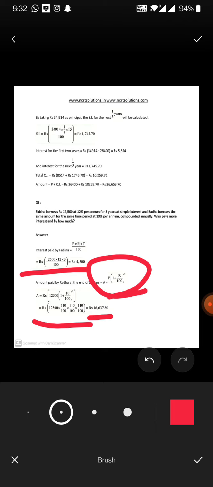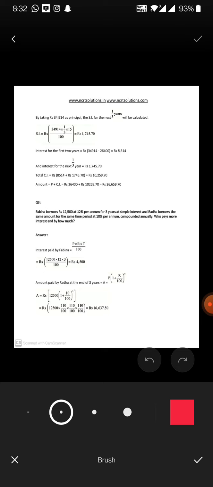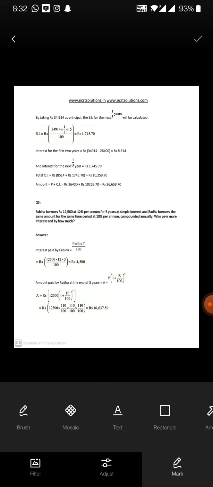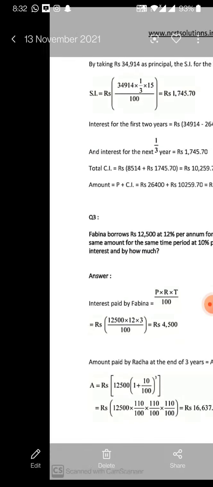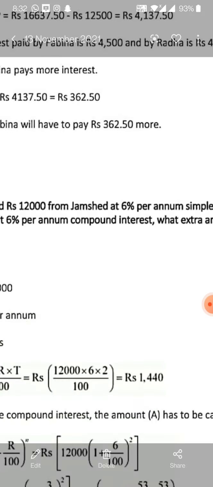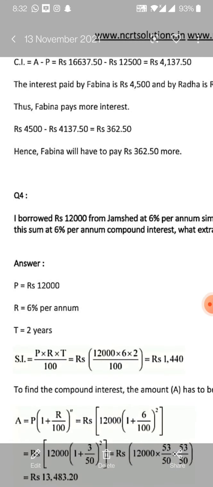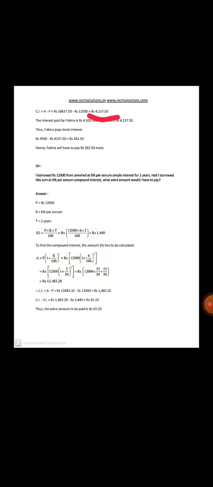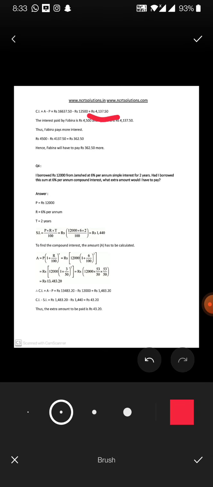Now we need to find the compound interest. For compound interest we need to subtract the principal from the compound amount. Now after subtracting the principal from the compound amount, we get 4,137.50.